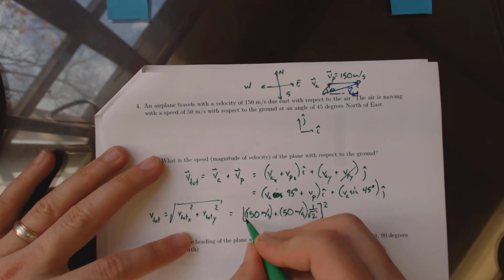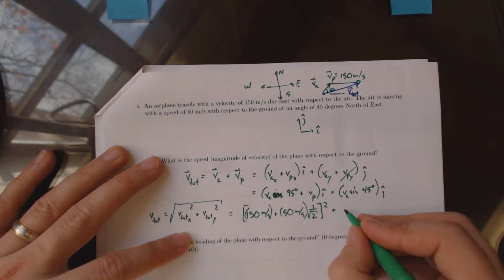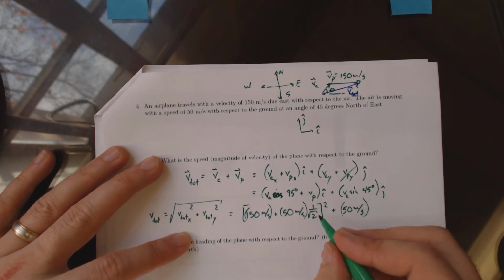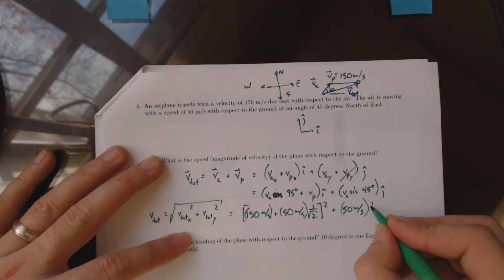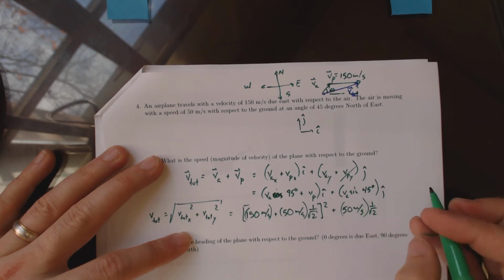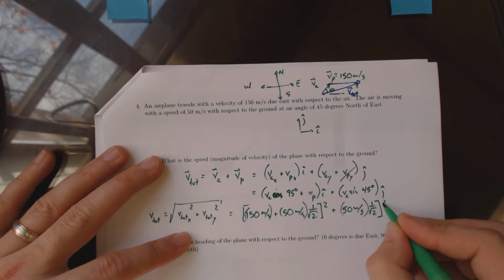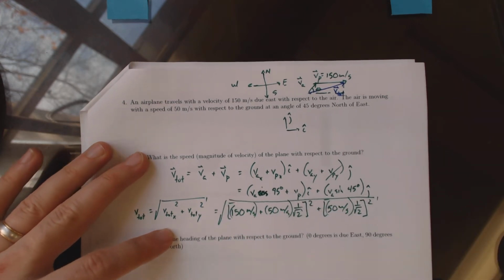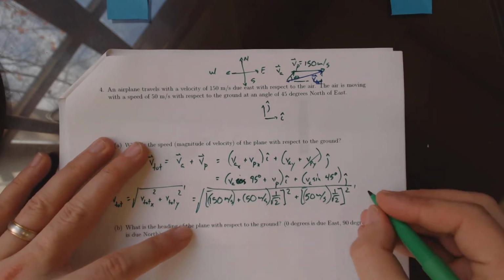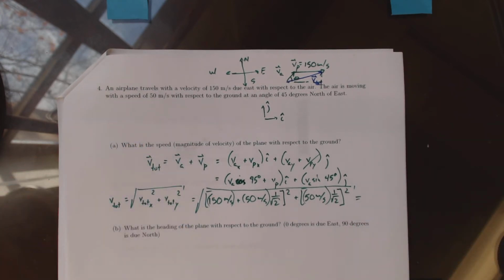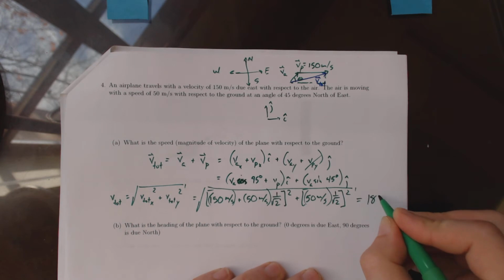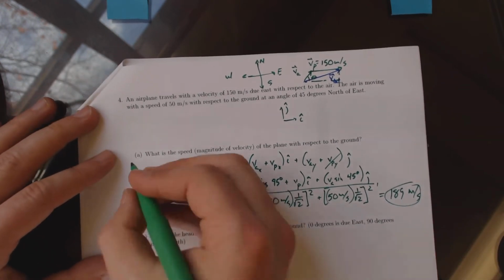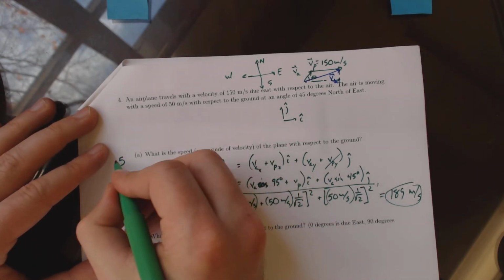That squared, plus 50 meters per second times 1 over the square root of 2, that's sine 45 degrees, and that squared, and that's all square rooted. And if I plug that into my calculator, we should get about 189 meters per second. So that was worth 5 points.